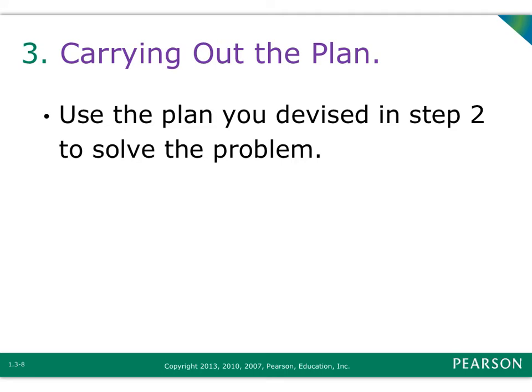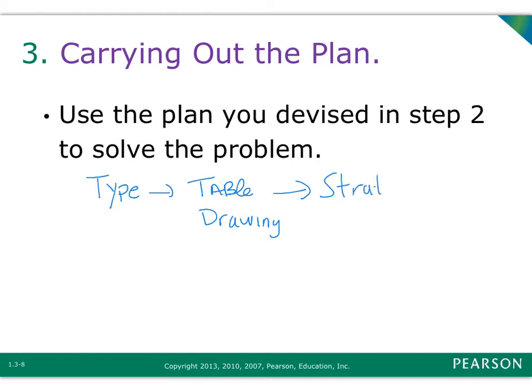So, once you know the type of problem you have, and you have a table or a drawing, and you figure out what the strategy is, now you carry out the plan.